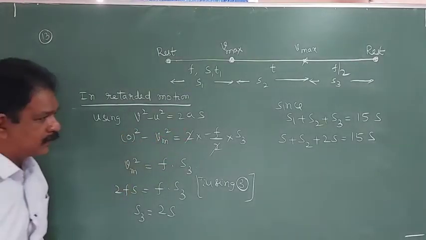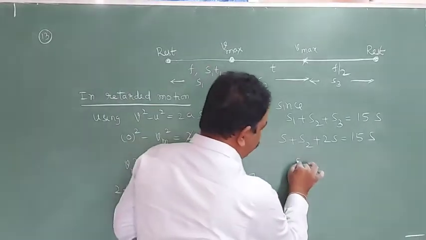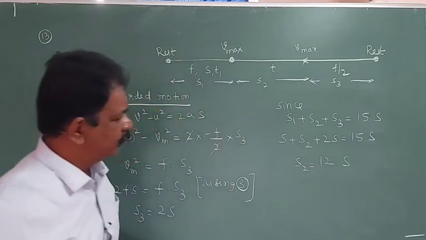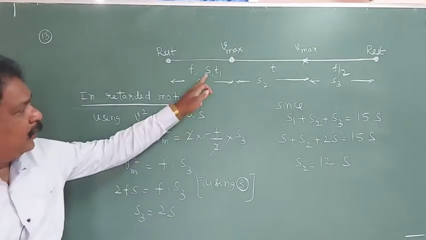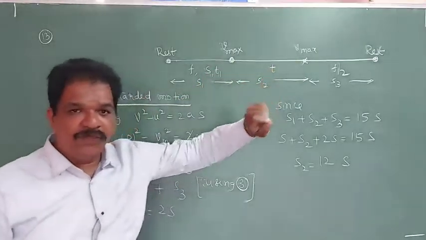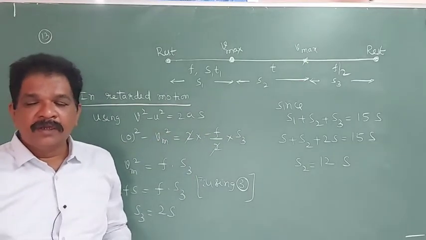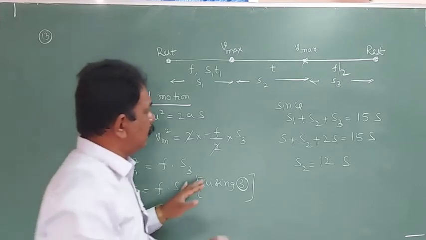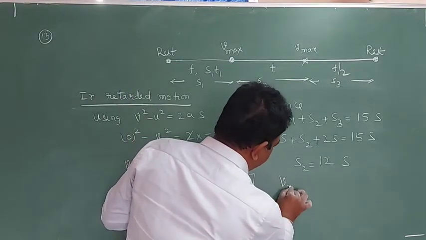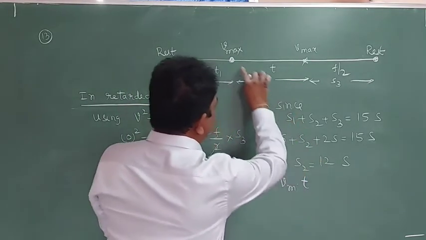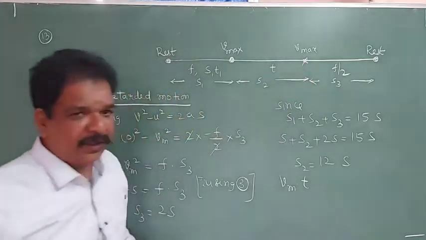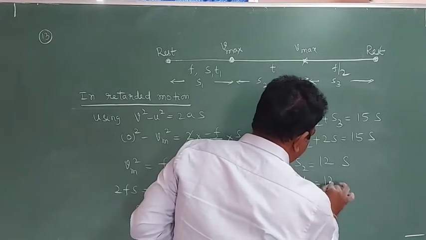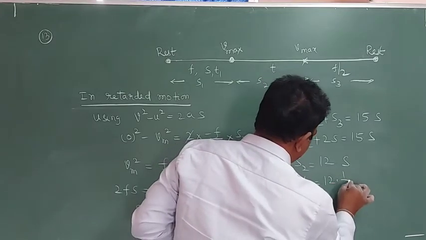Totally 15s. Then s2 is equal to 12s. Here it is moving with uniform velocity. Displacement is equal to velocity into time. So Vm into t, the time they mentioned, is equal to 12 into s value.